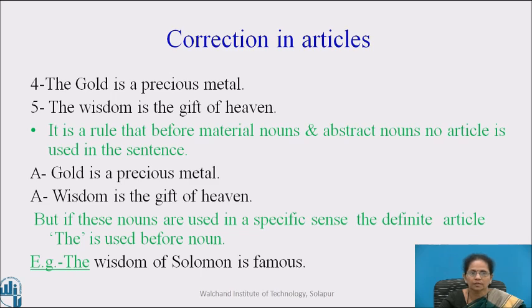No article before gold and wisdom. But if these nouns are used in a specific sense, the definite article the is used before the noun. See the example. The wisdom of Solomon is famous. Here, wisdom has become a specific noun. That's why we have inserted the in this sentence.